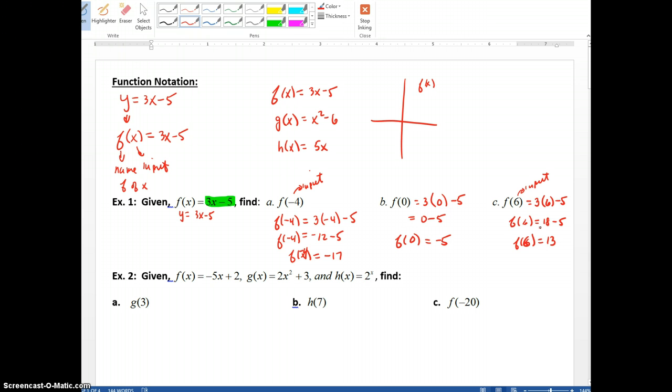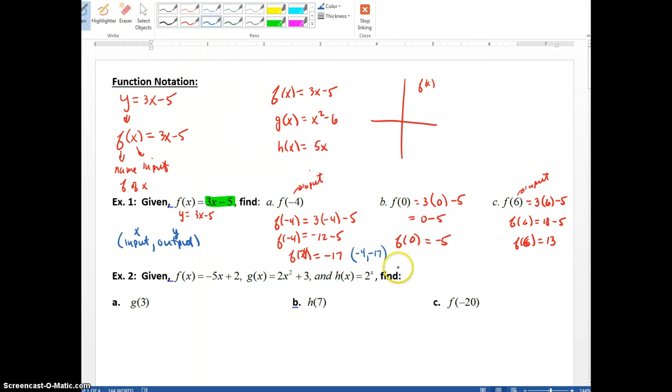Now the nice part about function notation is it gives us an easy way to write our ordered pairs also. Because remember, if we input a value, we get an output value, and we write our ordered pairs as input, comma, output. Meaning you input x, you get your output y. So when we look at our ordered pairs here, our input value is negative 4. What was our output value?